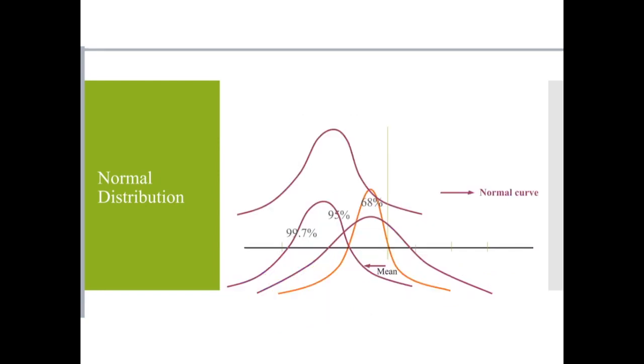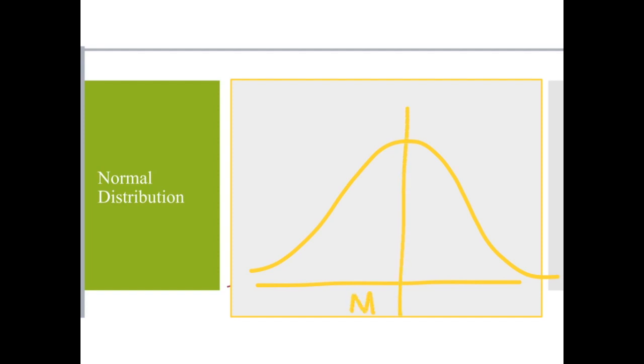Whoa, this got all wonky. So what I am going to do, we're going to make a shape here. I'm going to cover that up, and I'm going to draw you a normal distribution. So here we have a relatively normal distribution. Our mean is in the middle. That's not great.